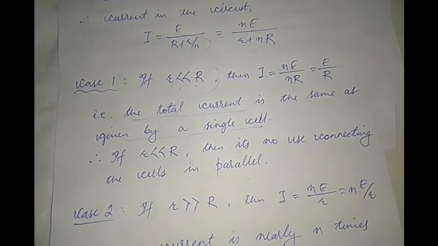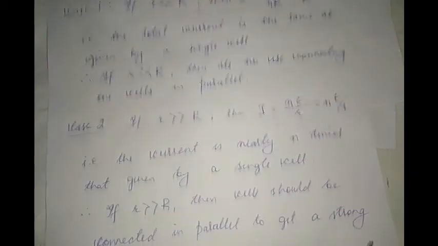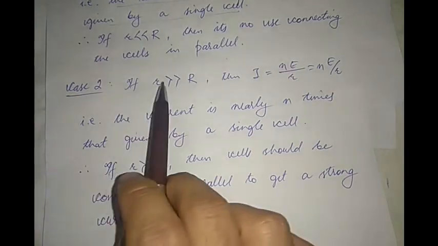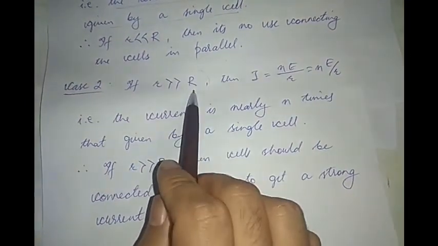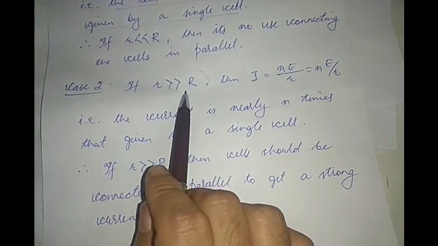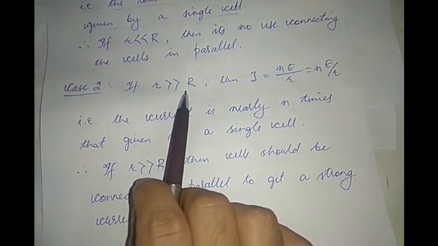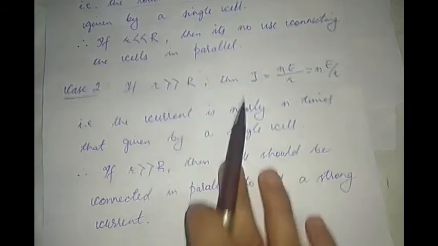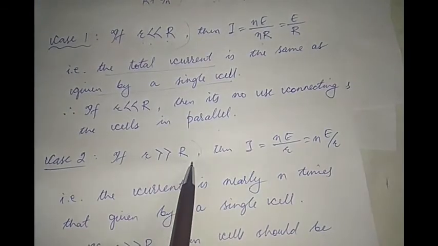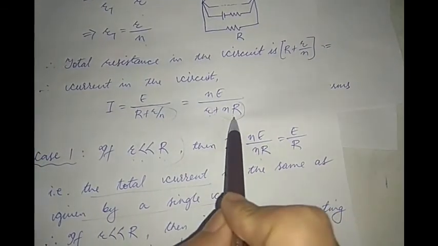And finally, case 2: if the internal resistance is much greater than R. When this was the case, we have seen that there was no point connecting them in series. Now it will be beneficial if we connect the cells in parallel. If the internal resistance is much greater than the external resistance, then in this expression we can neglect this term.